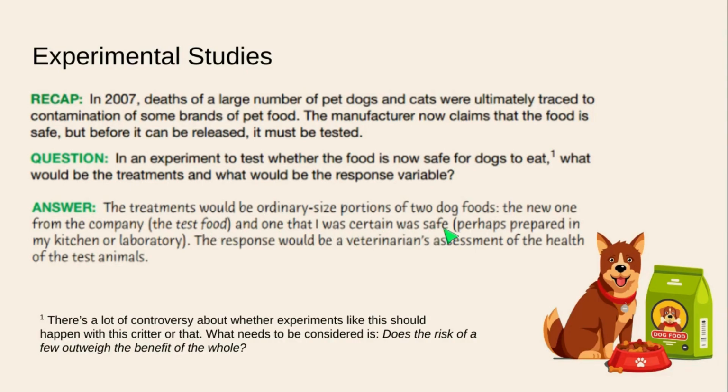Then there's a food that we are certain is safe, and the safe food is the control treatment, and that would be given to the control group of dogs. So the group that eats the safe food would be the control group. And then our response variable, hopefully quantitative, would be a veterinarian's assessment of the health of the test animals.